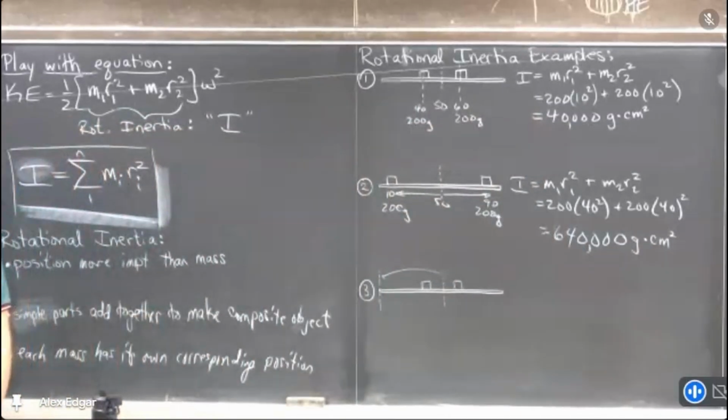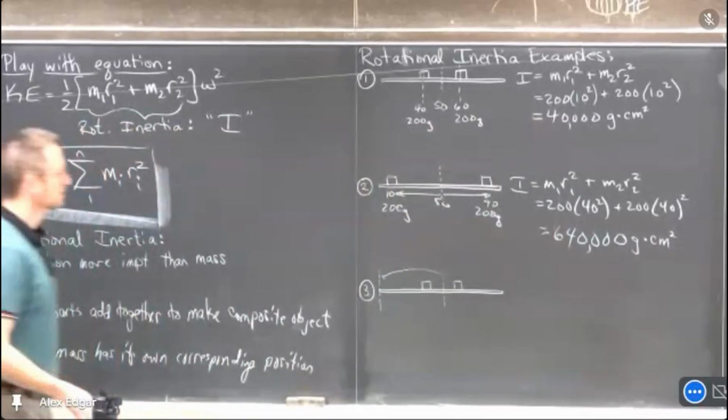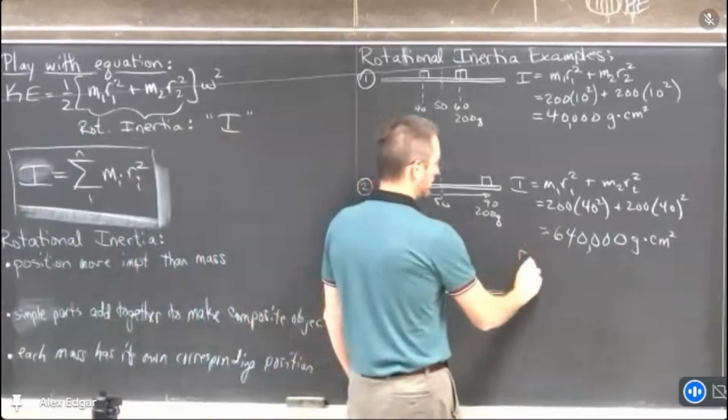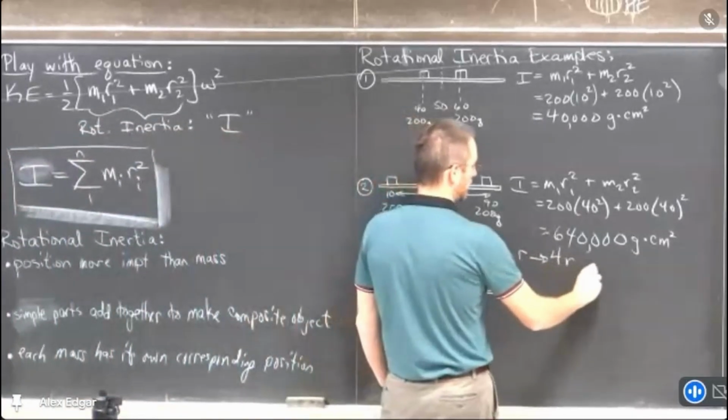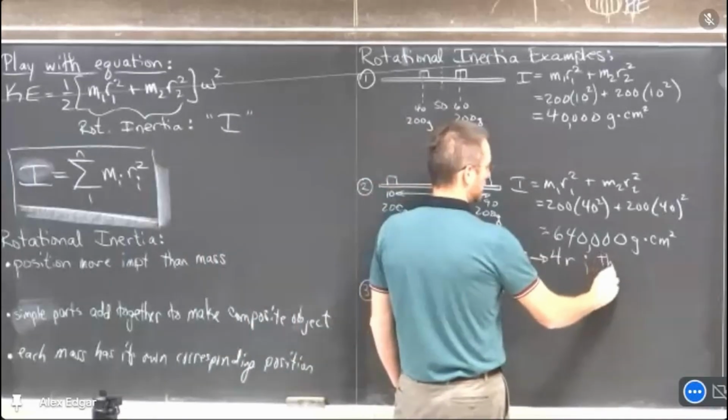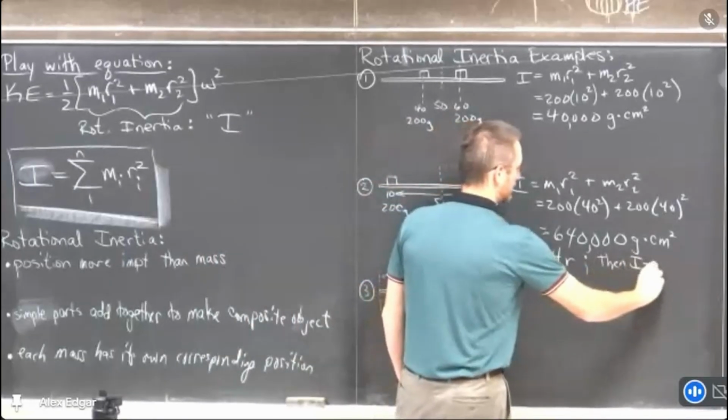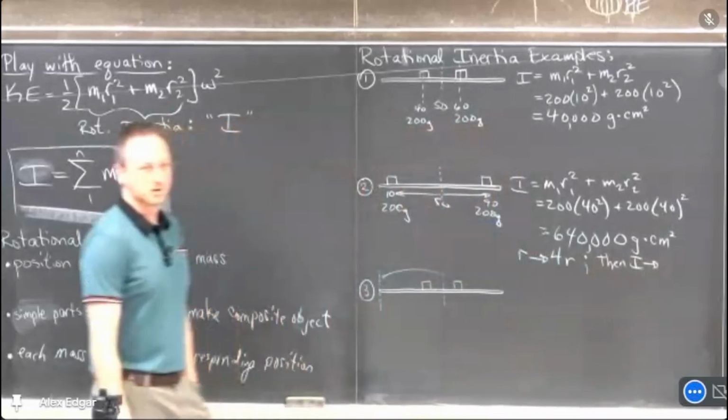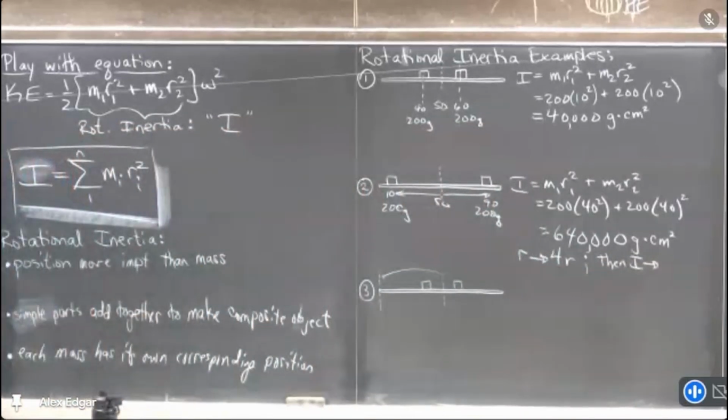All right, so we moved. So let's see here. r goes to 4r, then I goes to, okay, because we went from 10 to 40, the radius increased by a factor of 4, yes? So what did the rotational inertia increase by a factor of?